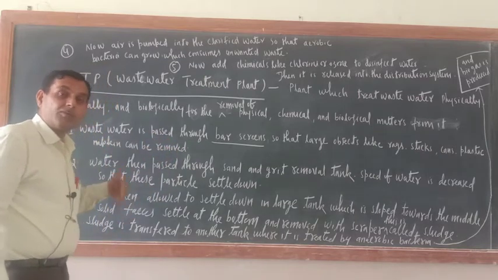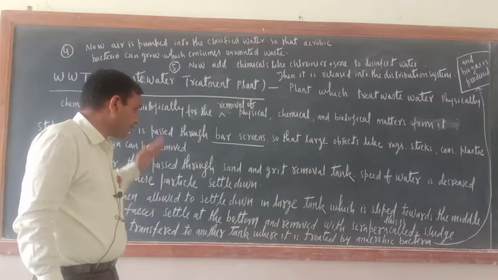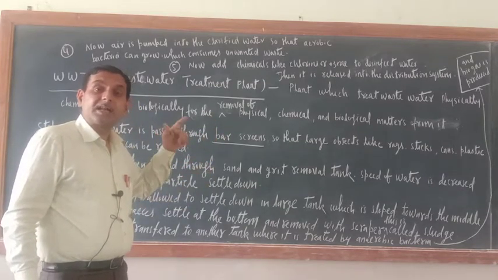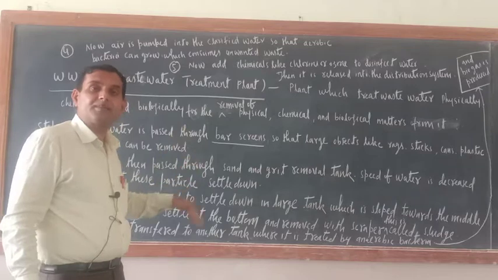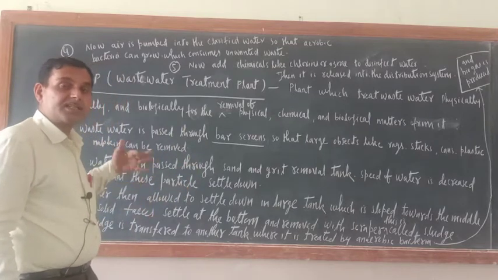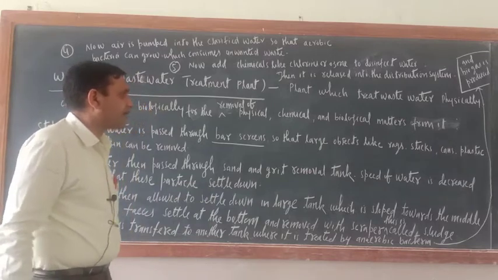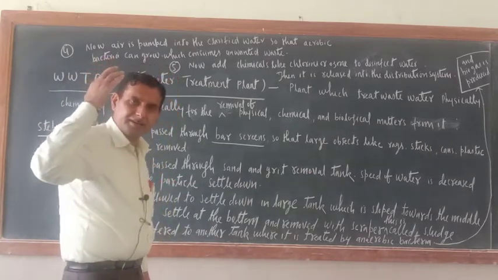Third, water is allowed to settle in a large tank, so that the solid feces, which is called sludge, can be settled down and removed with the scraper. The sludge is transferred to another tank, where it is treated by the anaerobic bacteria, and biogas is produced, which can be used as a fuel.